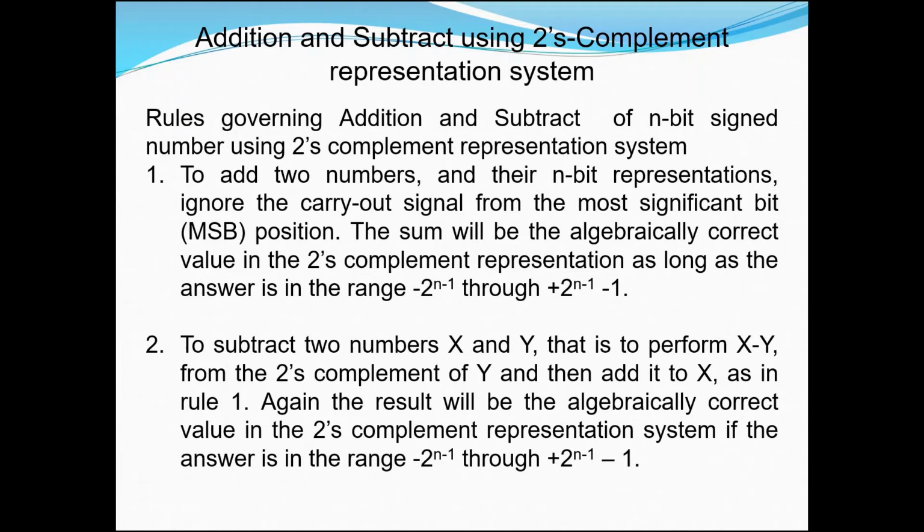If a carry is generated, then just ignore the carry bit from the MSB position. The sum will be the algebraically correct value in 2's complement representation as long as the answer is in the range minus 2 raised to n minus 1 through plus 2 raised to n minus 1 minus 1.